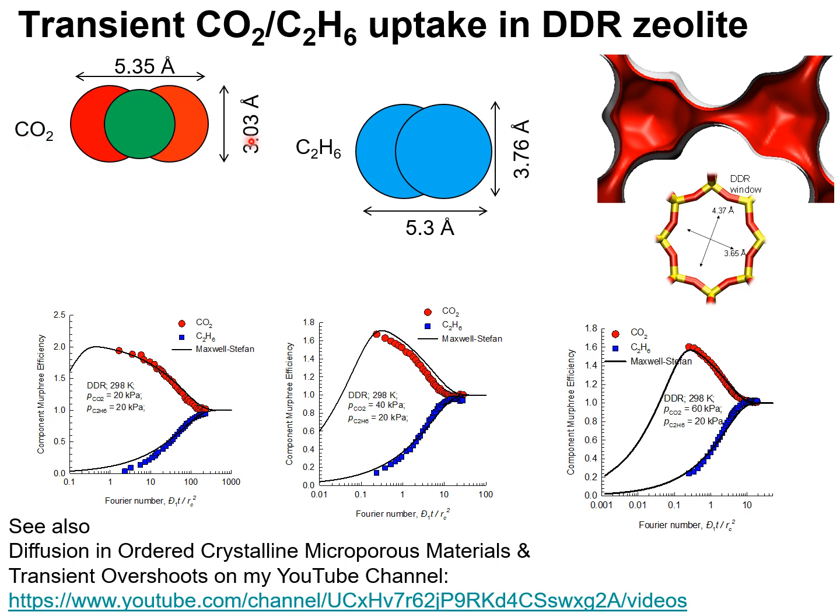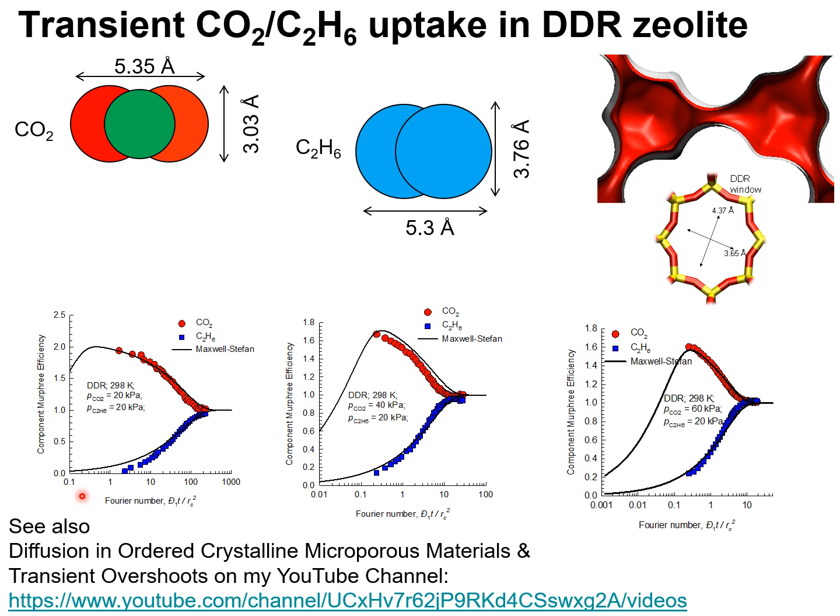CO2, being a thinner pencil-like molecule, hops between adjacent cages far more quickly than its partner ethane, which is much more severely constrained in the window regions. But ethane has much stronger adsorption strengths in DDR zeolite. So we have a combination of a more mobile molecule that is relatively poorly adsorbed and a tardier molecule that is more strongly adsorbed.